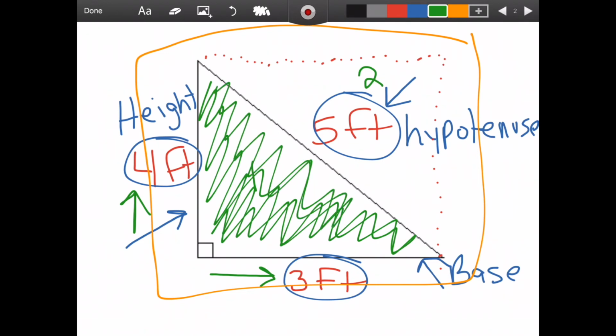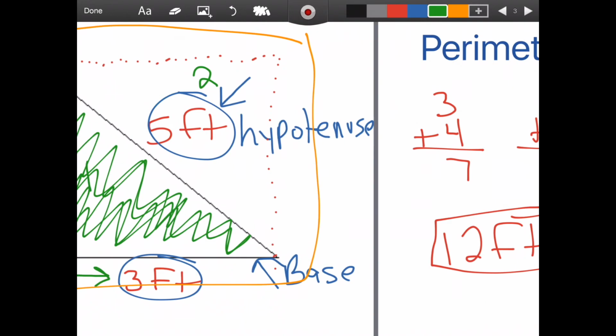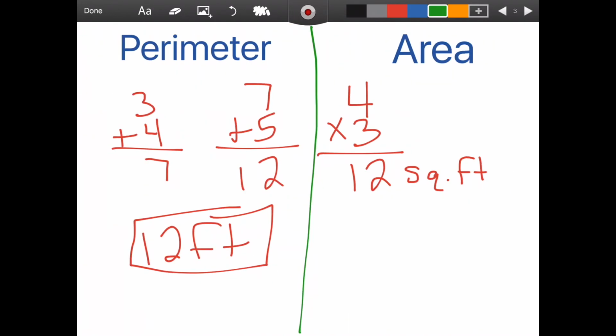We just want the area of this one right triangle here. Because that right triangle is half of that entire rectangle, we're going to divide that area in 2. One really easy way to do that is we can just take 12 divided by 2, which is 6.